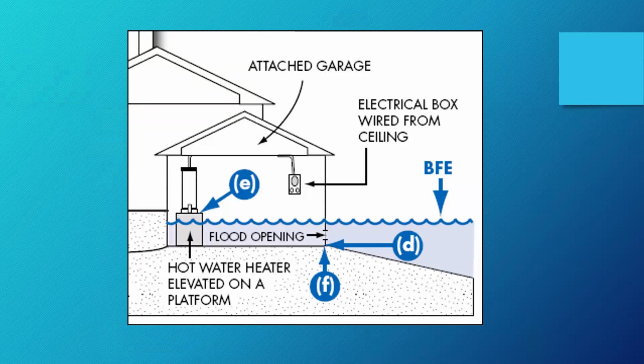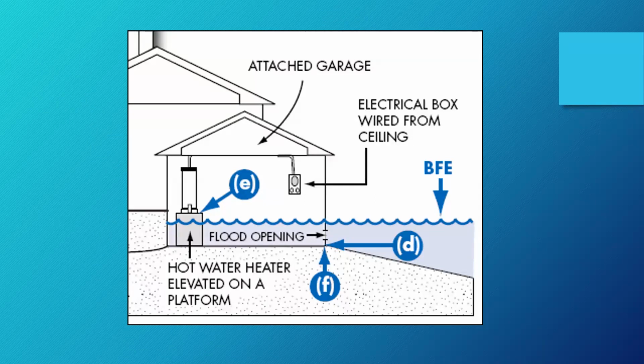So just another example here, you have an attached garage in this one. So you would be filling out A9 and C2D for the attached garage. So you have flood openings, it's wet flood proofed, elevated utilities, but C2E is the lowest machinery or equipment that's servicing the building. In this case, it's a hot water heater.